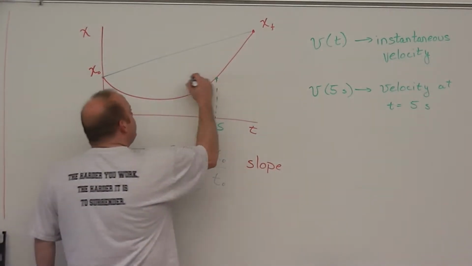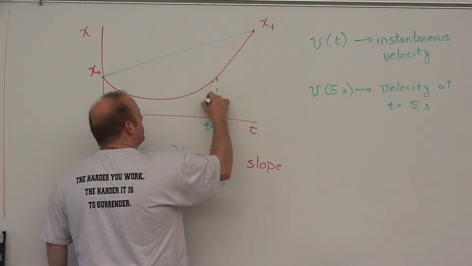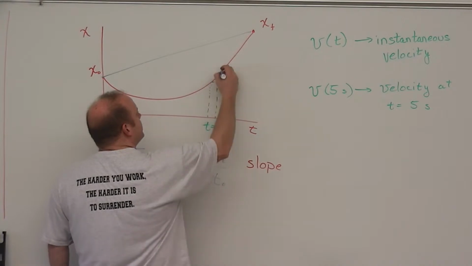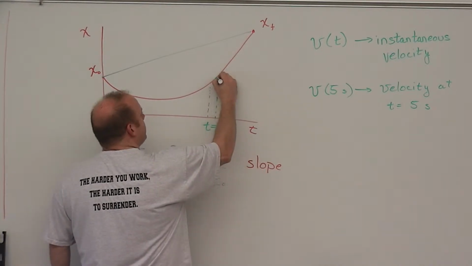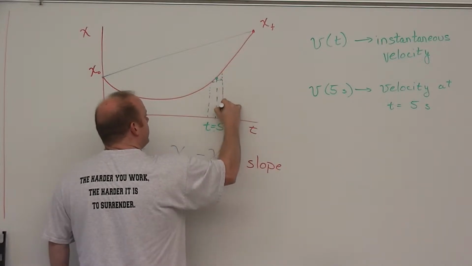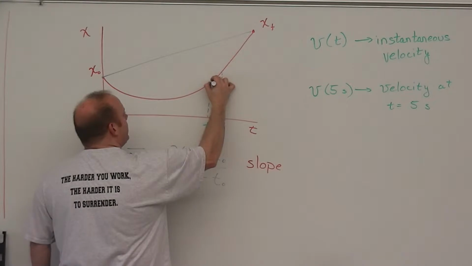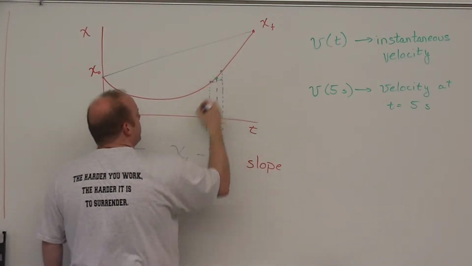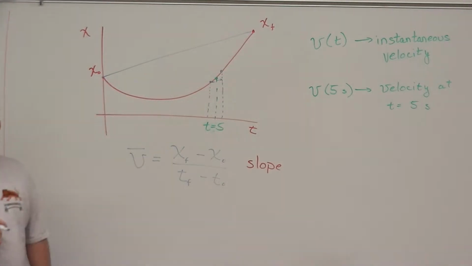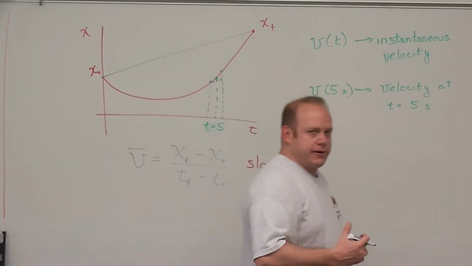So I can kind of creep out a little bit to the side here at that position, creep out a little bit to the side over here, and I can look at my position at this location and this location. This would help me get my average velocity.